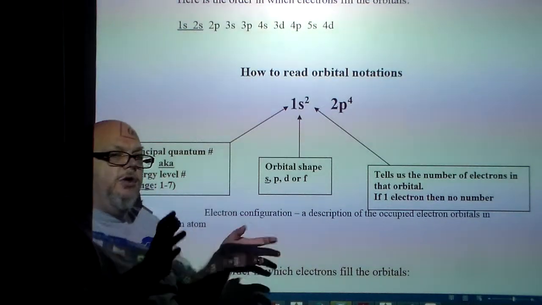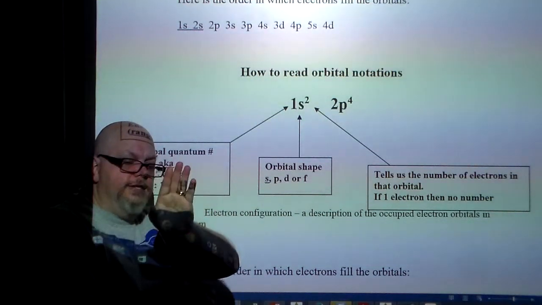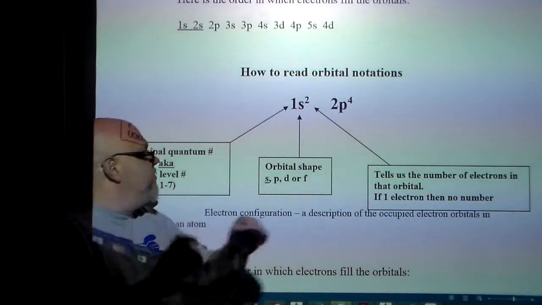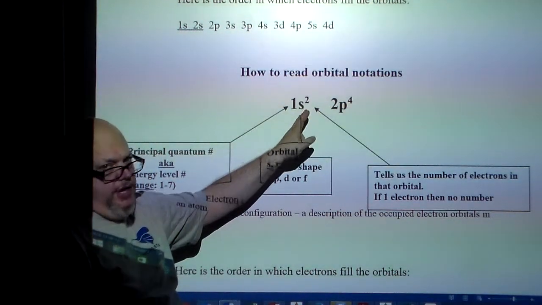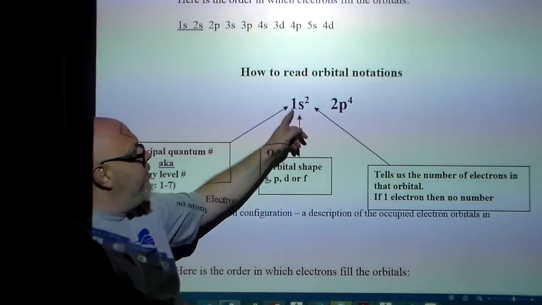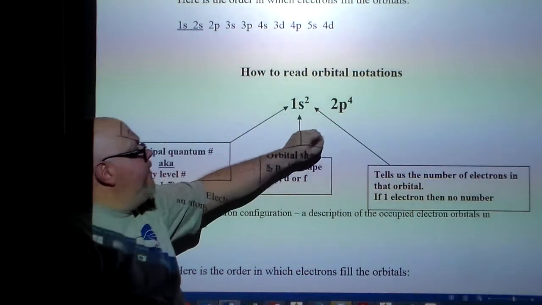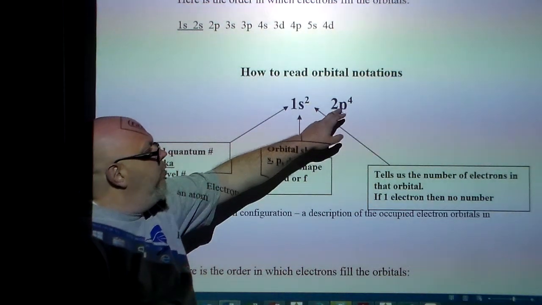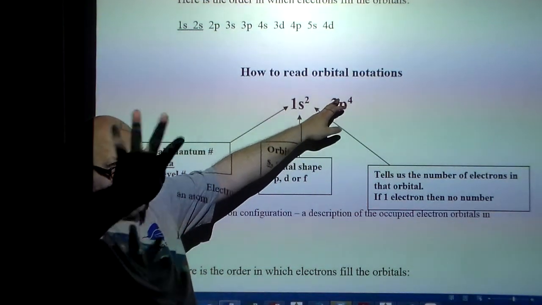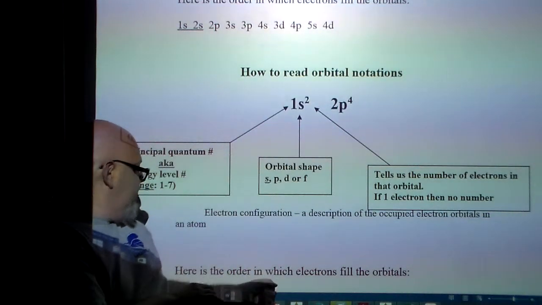If there's just the letter by itself, then it's just 1. If there are no electrons in this, then you're not going to see it exist. So 1s2, level 1, sublevel s, we have 2 electrons in there, and then level 2, sublevel p, 4 electrons in there. That's the basic idea.